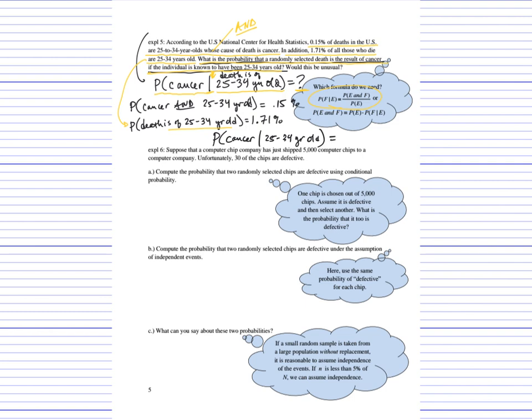I am abbreviating a bit. That's equal to the probability that they both occur, which is 0.15%, divided by the probability that the death is of a 25 to 34-year-old, 1.71%. Let's go ahead and get an answer for that. Looks like it's about 0.09%.